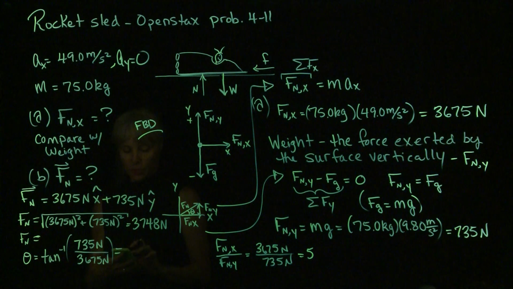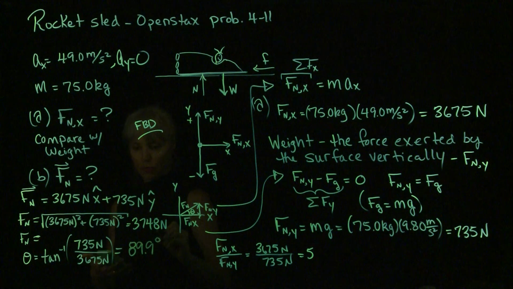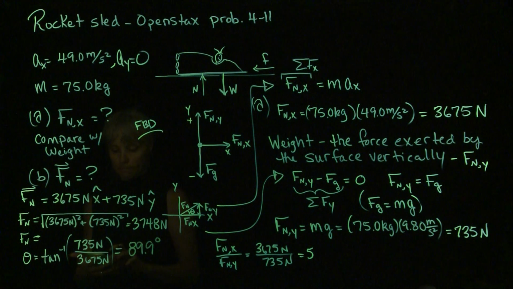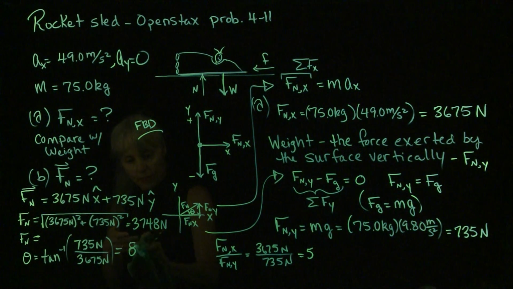So, sorry, one more time. 735 divided by 3675 is going to be equal to... Oh, that's not right. Sorry. 11 degrees. 11.3 degrees. So this is going to be 11.3 degrees.